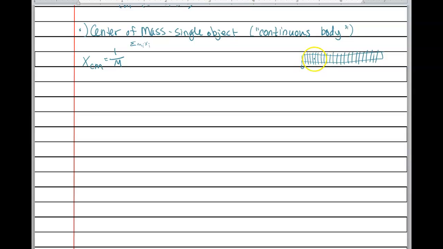And we're going to add all those pieces up, which, as you might guess, means we're taking integrals.